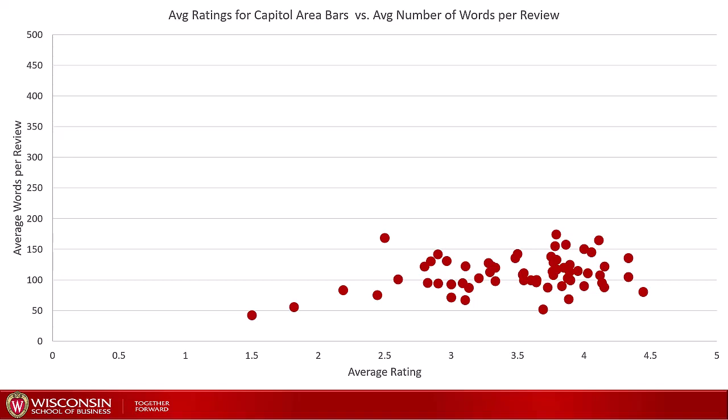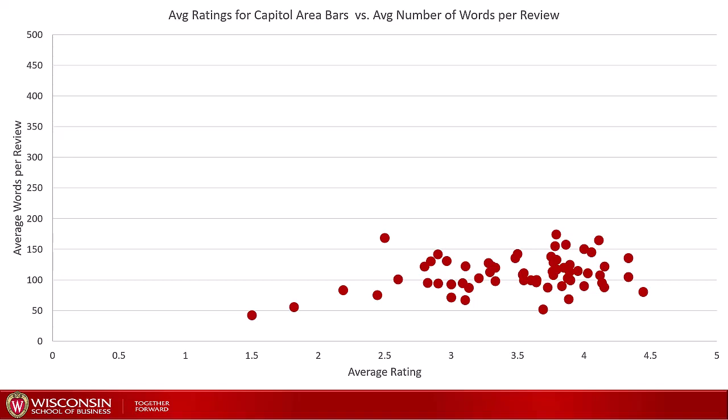So let's take a look at potential outliers in the capitals bar data. In our initial data, we can make some arguments about outliers, that maybe some points are outliers or maybe not. Especially that upper point around 2.5 and 175, some students feel that that is an outlier.